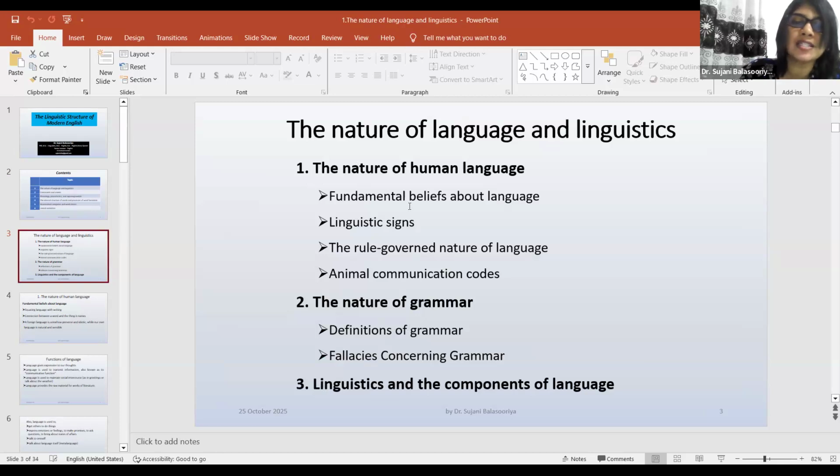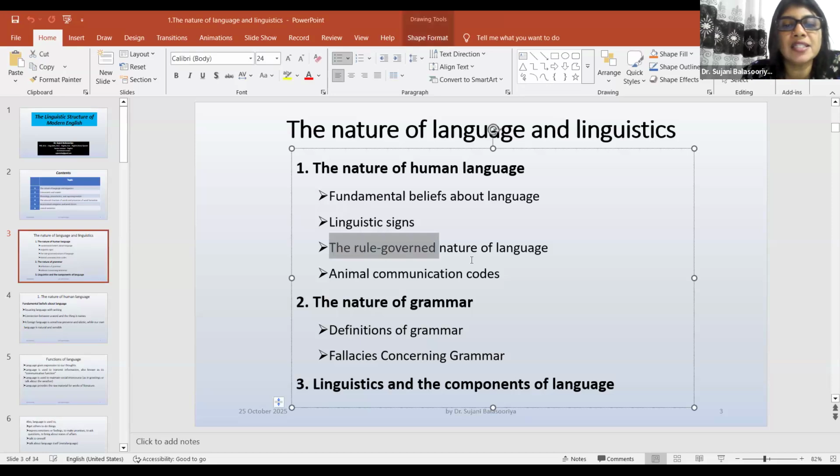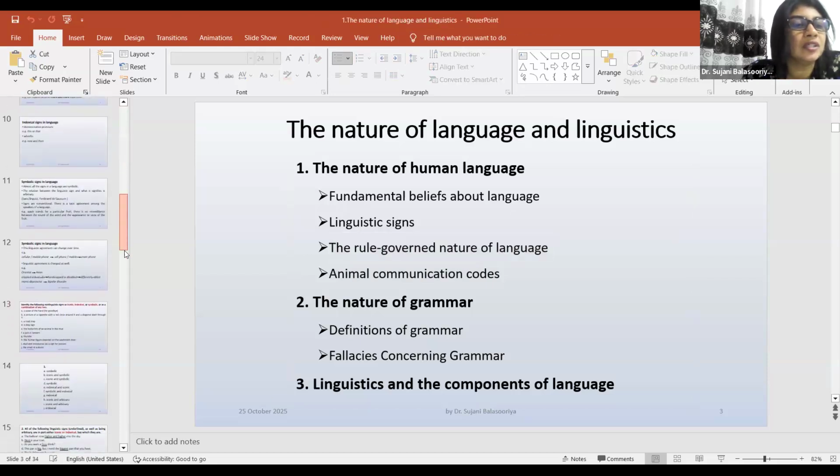There I was discussing the fundamental beliefs about language and something about linguistic science. We talked about the 3 types of linguistic science in detail with some examples and some activities. As you have received the recordings also, I don't think I should discuss this previously discussed part again. So I would move on to the third sub area, the rule governed nature of language, today at the start of the lecture. Okay, right. So now let me go down to the topic.